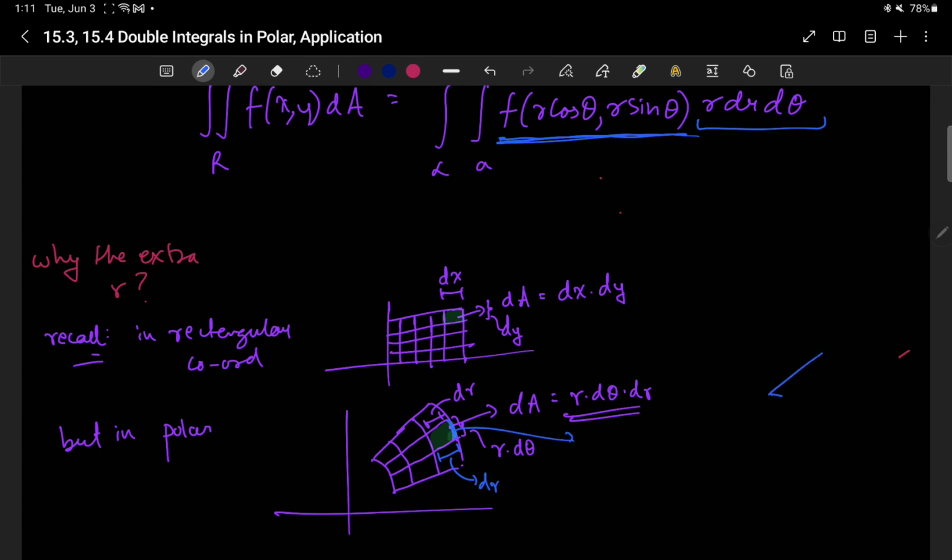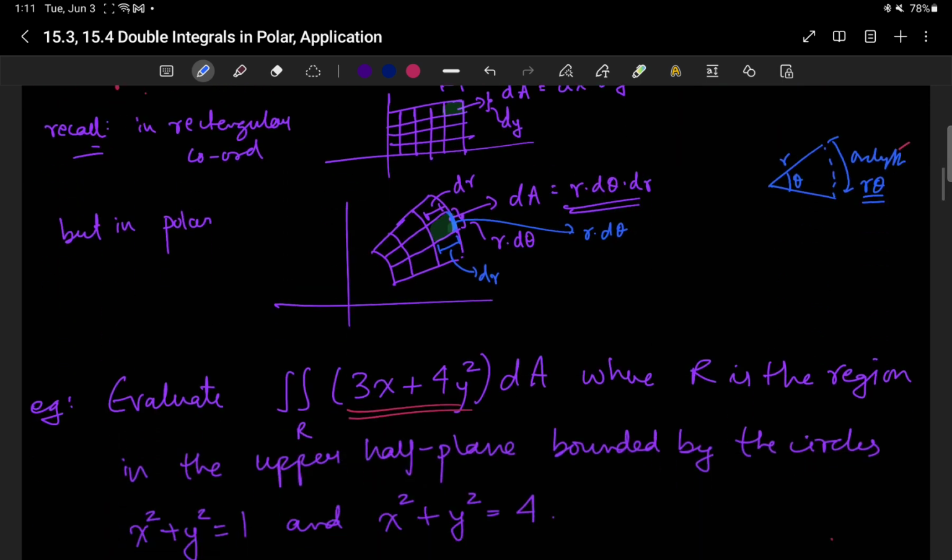But if you remember, when you have theta and a radius r, the formula for arc length is r times theta. So while the change in angle is d theta, this particular change is r times d theta. So the area of each shaded rectangle is r dr d theta, or r d theta dr, which is why we get that additional r.